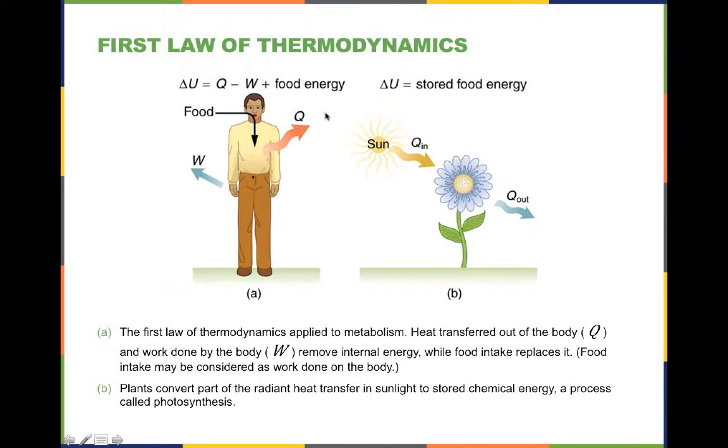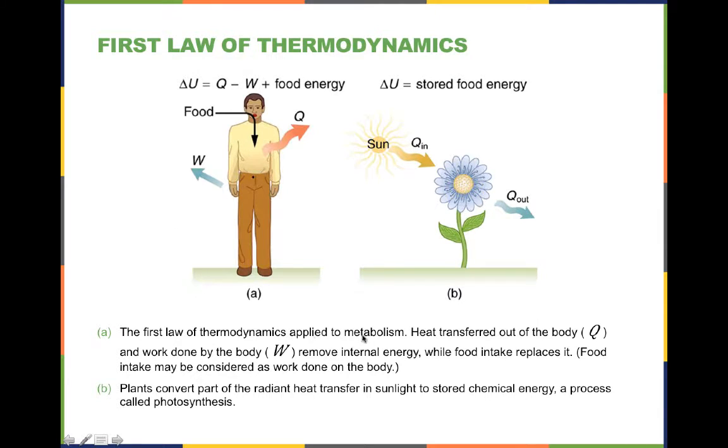Well, when we talk about how this occurs with people, food is taken in, but it's not taken in directly as heat or work. So it is a form of energy, and it's a positive form of energy, but it's not actually heat put out or performed on the person or put out by the person.